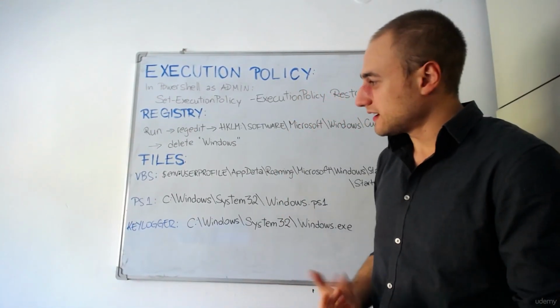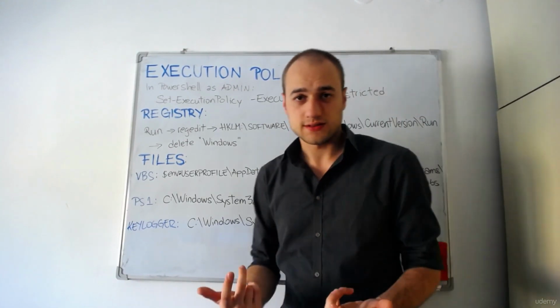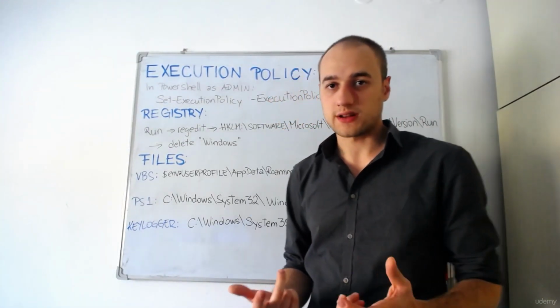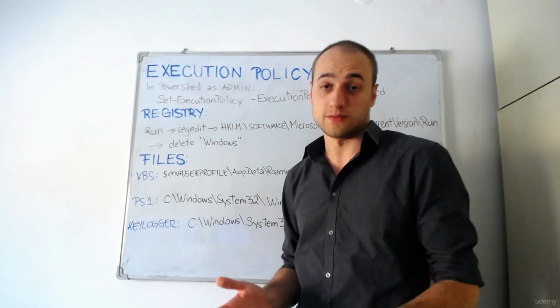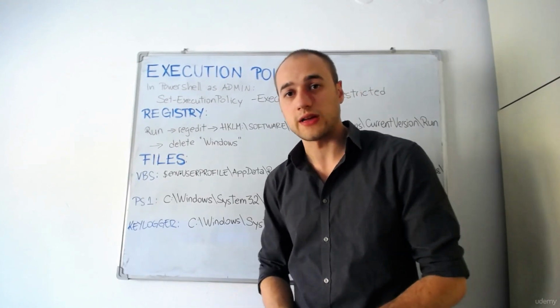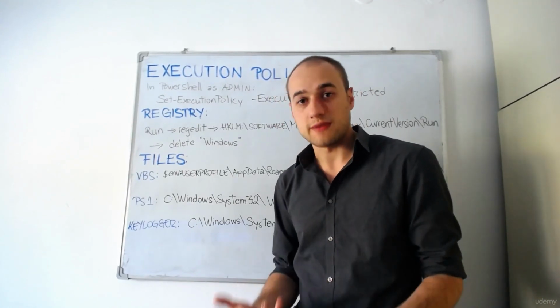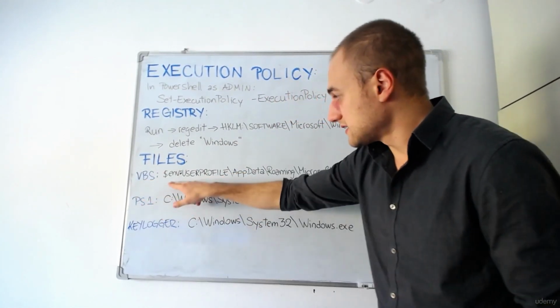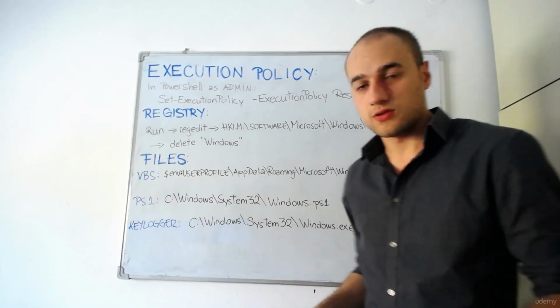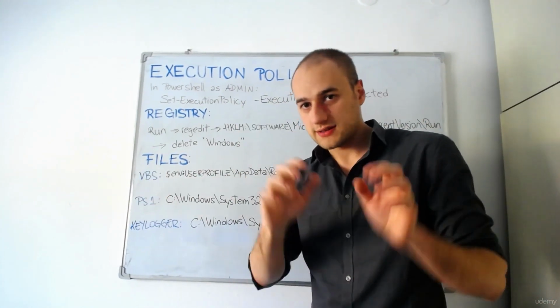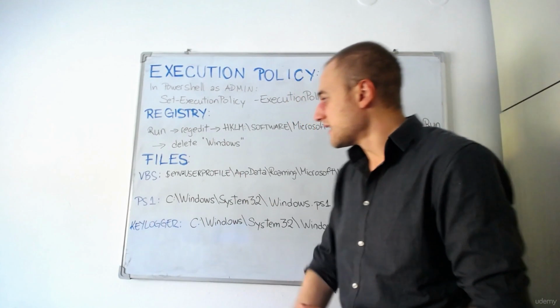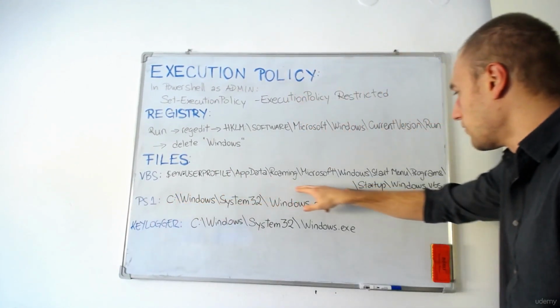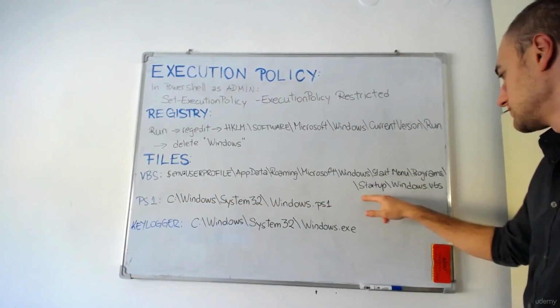Anyway, as far as the files are concerned, if everything ran correctly, the scripts will self-destruct, but in case you had a failed run, you can delete the scripts manually. So the VBS script is here. You can open up the PowerShell script and type in cd, and then just type all of this out, and it goes into the next line.